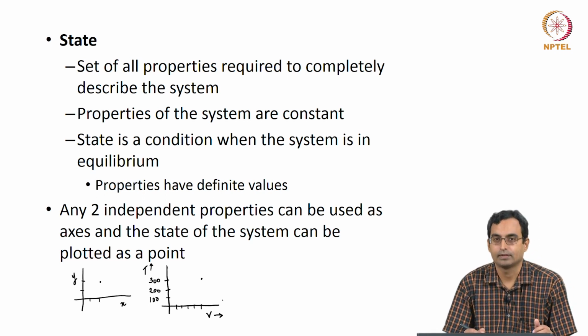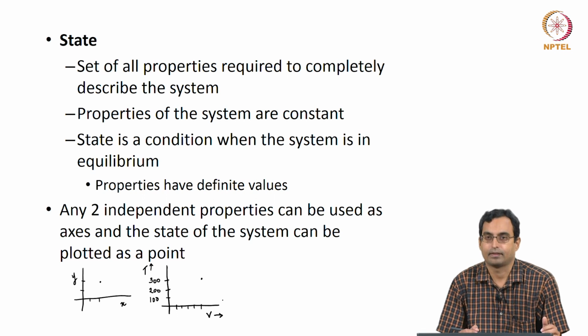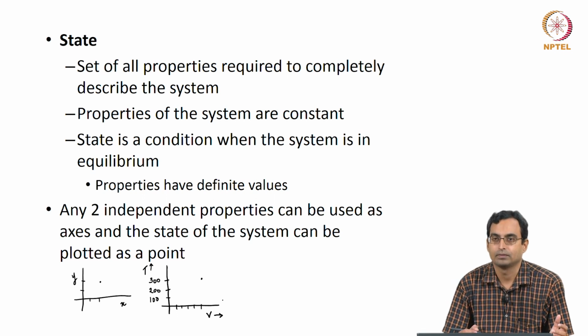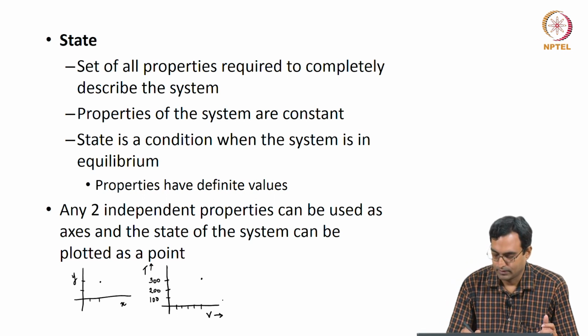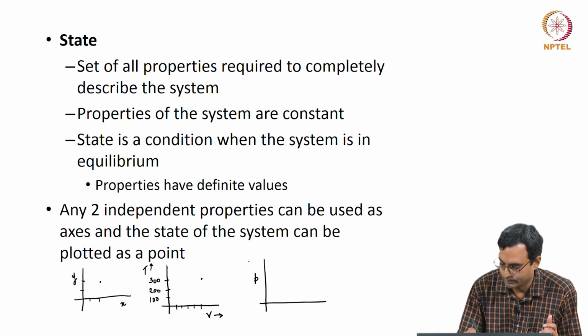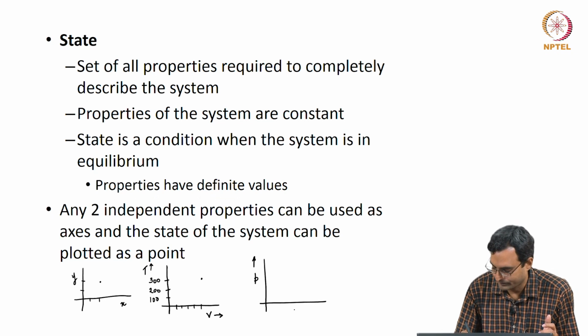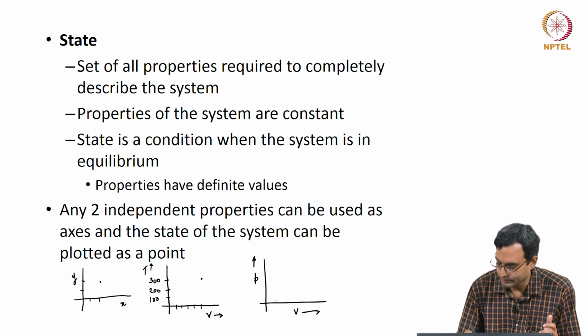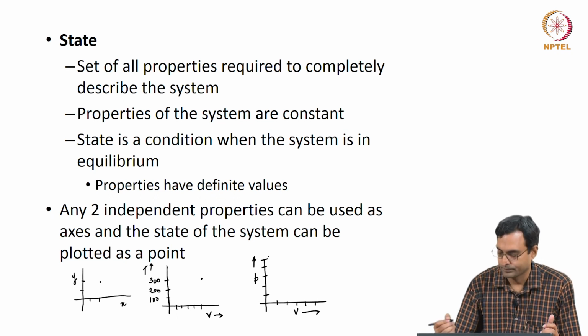If the state changes after some time to some other value, I can also plot that. Similarly, I can also plot, for example, pressure versus volume, and I can show what happens when the pressure changes or when the volume changes.